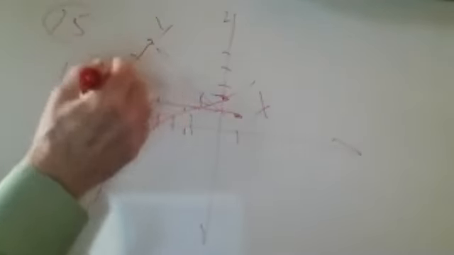This line looks something like that. Well, that's not even possible. No way that could be a median. That's enough to tell me that A cannot be the median just from drawing the graph. To be a median, it has to go from a vertex to the midpoint of the opposite side. So A has to be the answer.